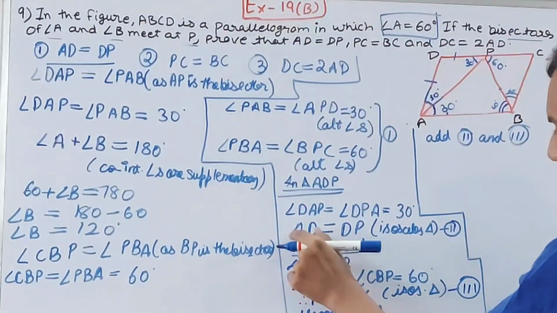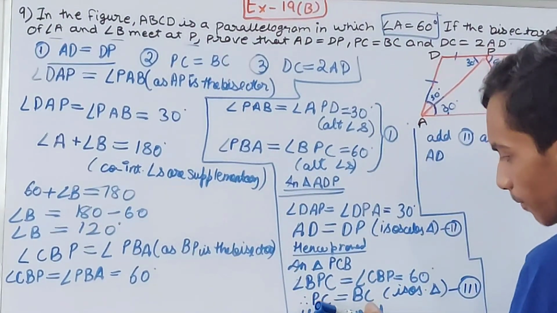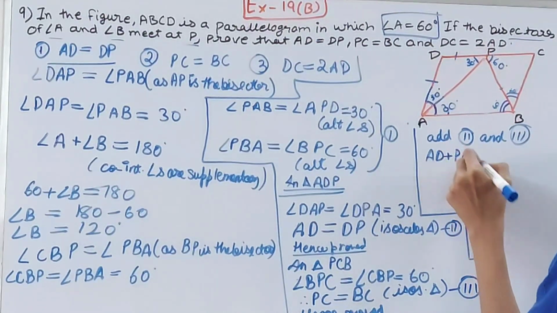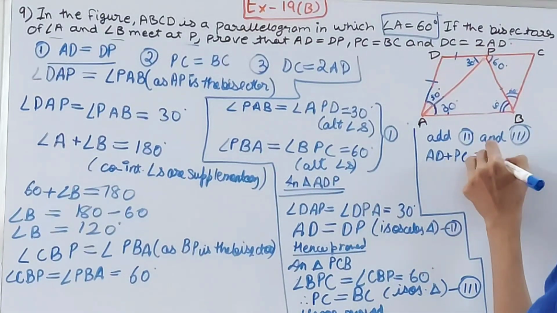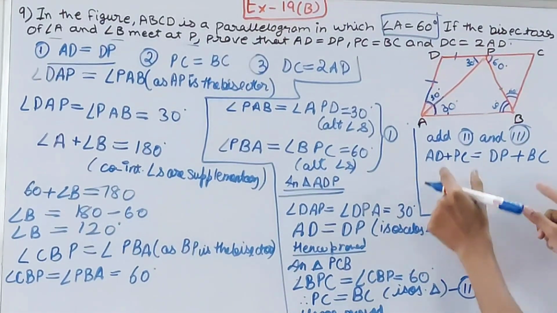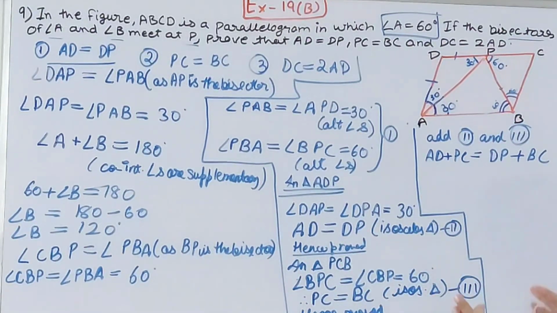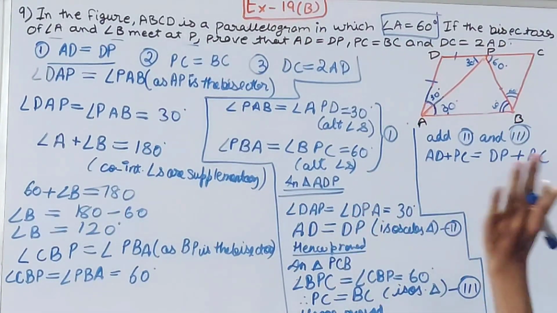Okay, see here on the left hand side you have AD, and then in this second equation you've got PC. So AD plus PC. Come to this side, DP plus BC, right? AD plus PC equal to DP plus BC. If you're following me, we're just adding the second and the third equation, right? This and this. So left hand side on left hand side, right hand side on right hand side.